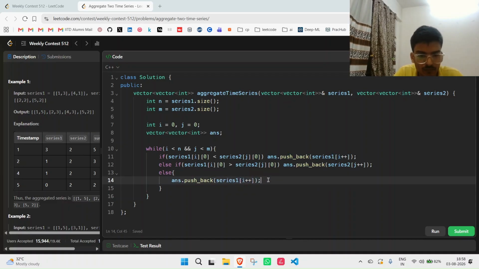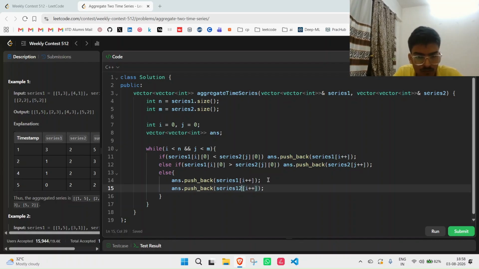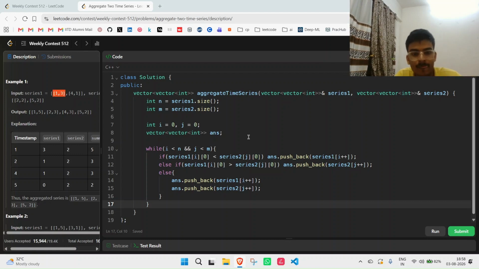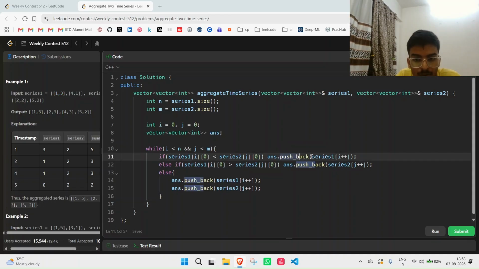After this, if someone finishes earlier, but the logic is that if only one is there, we have to push this, we don't have to push that one. In the equal case we have to push the sum of values. So that's an issue here.